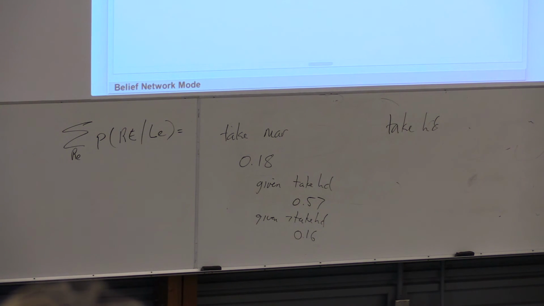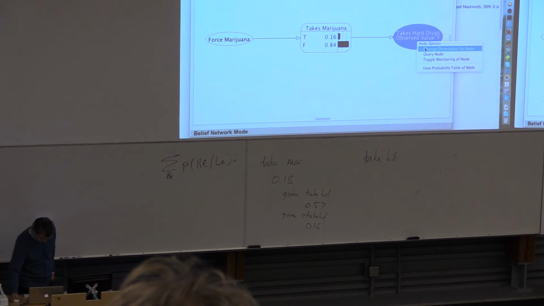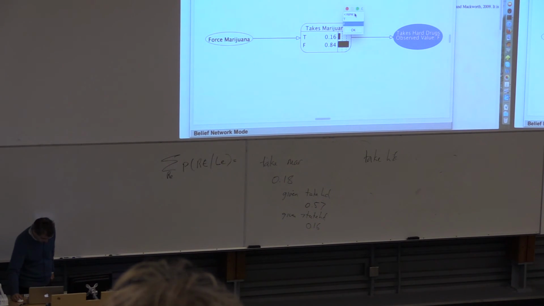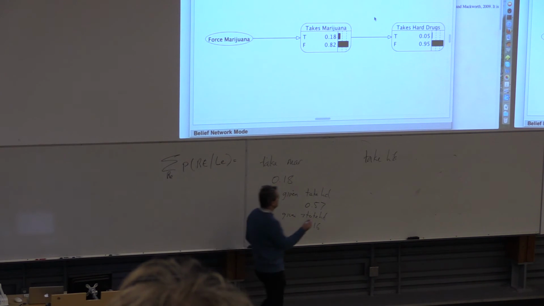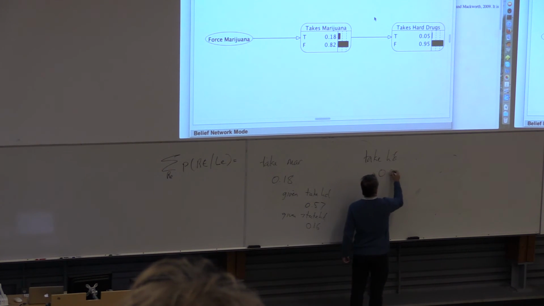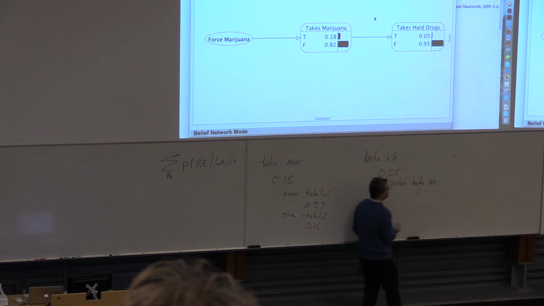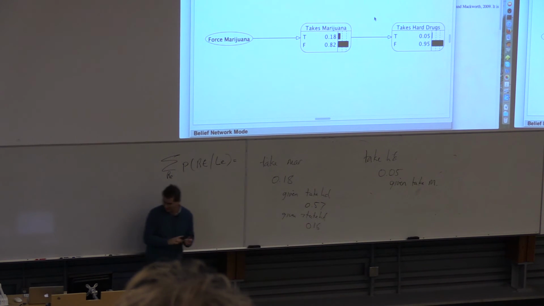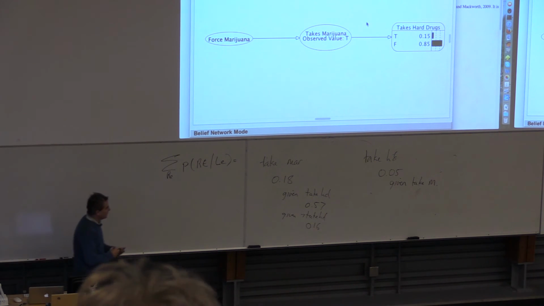And now let's look at the other way around. We change it to none. And it's 0.05, and then given you take marijuana, you can observe that it's true, it becomes 0.15.